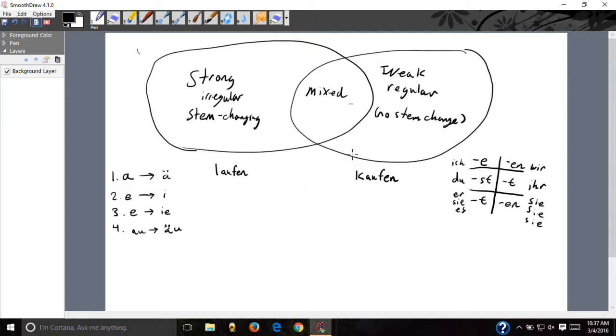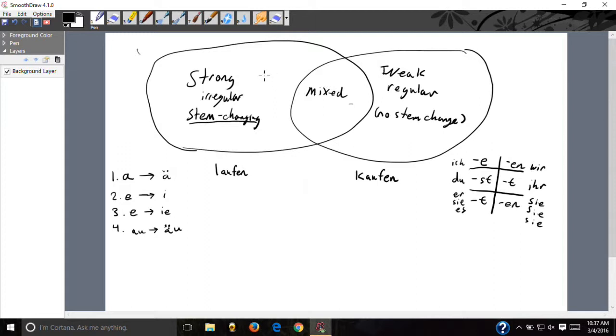I am the German tutor at Fresno City College, and today we'll be talking about strong verbs versus weak verbs, specifically the stem changing. I want to look at this Venn diagram here.